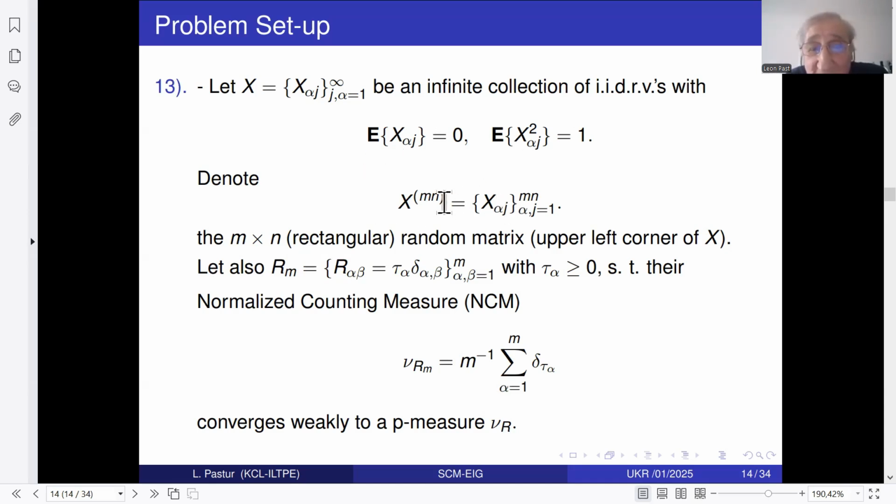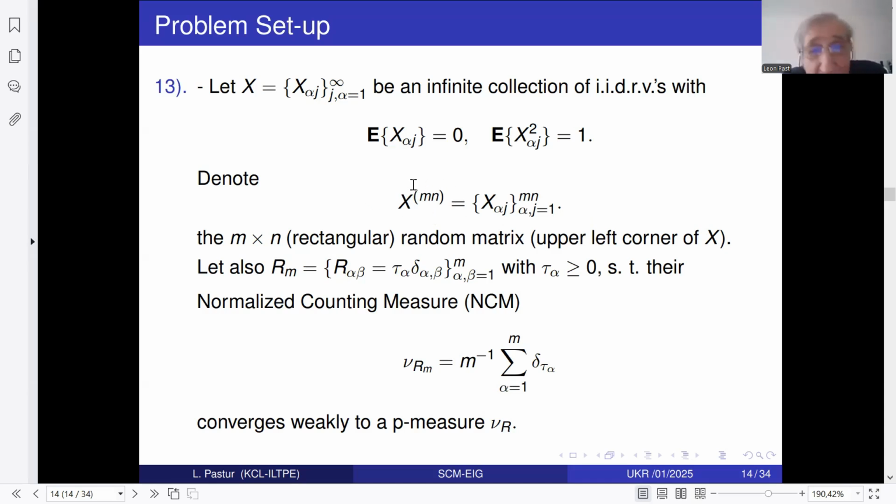Excuse me for the bit clumsy notations, but I will not use them everywhere, just at the beginning. So we have this rectangular matrix, which we denote X with upper index m n.